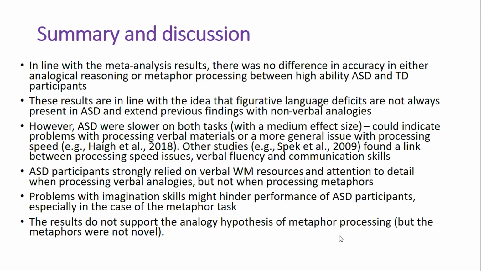So it's possible that maybe they use a different strategy to process verbal analogies. Maybe this is based on a more detailed step-by-step comparing of things between source and target and creating links in this more piecemeal manner. So it's possible that they are relying on a different strategy from typically developing people, but then the result is quite similar.